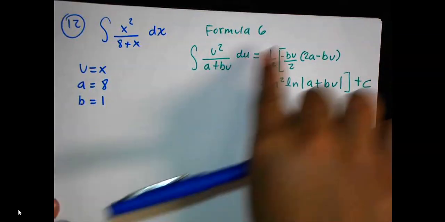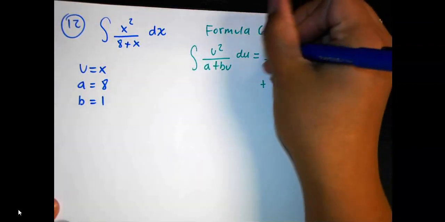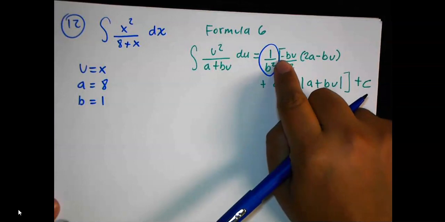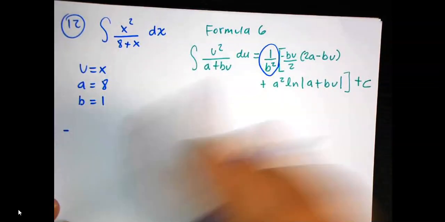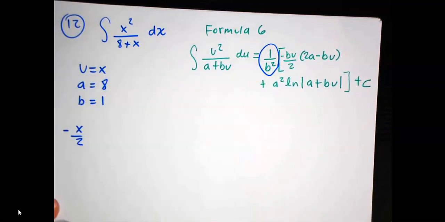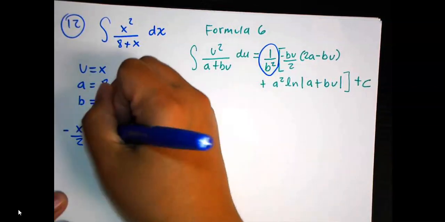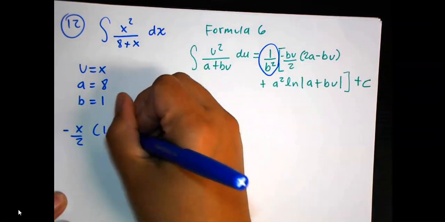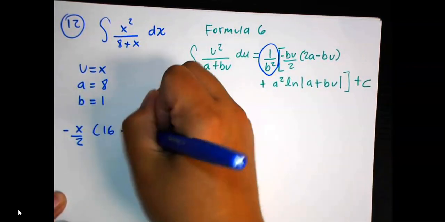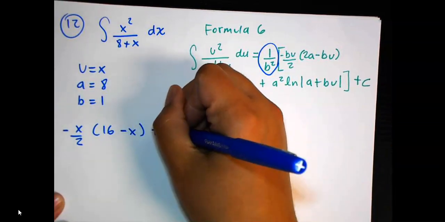Now all we have to do is plug it into this lovely formula. So b is 1, so 1 over 1 is just 1, okay? So then this right here would just turn into a 1. So we don't need the parentheses anymore. So negative b, so I do that negative. u was x over 2 times a, which is 8, which becomes 16, minus b, which is 1, and then u is x, plus a squared. a squared will give me 64.